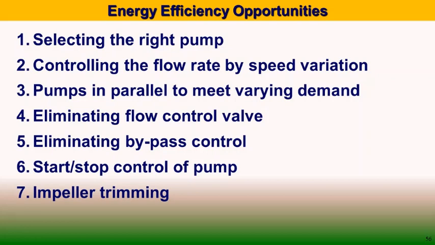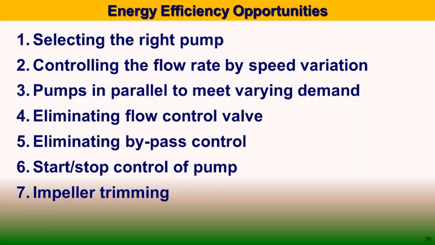The main areas for optimization of energy consumption of a pump include selection of the right pump with size and speed, controlling the flow rate by speed variation, pumps in parallel to meet varying demand, eliminating the flow control valves or bypass control system, and start and stop control of the pump or impeller trimming. All these methods can effectively give energy efficient operation of pumping systems.